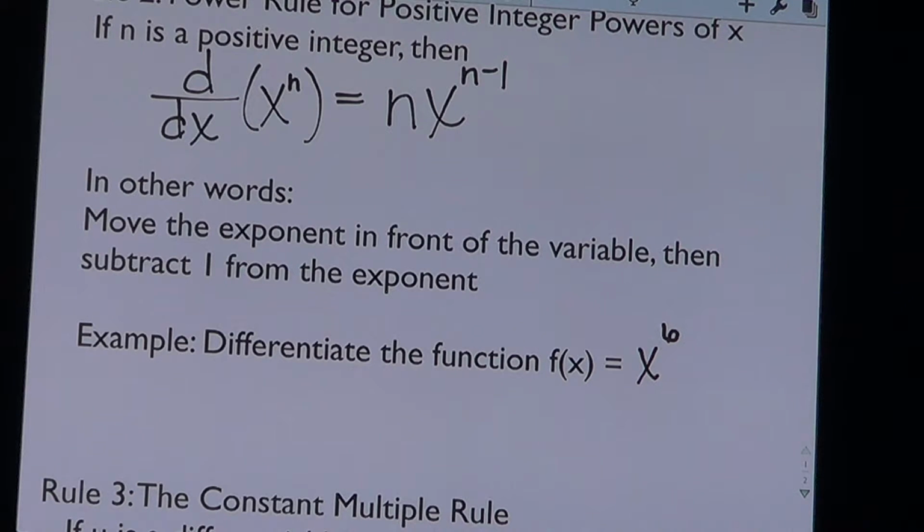When we're given f of x, I usually write the derivative as f prime of x equals, what do you think? 6 times x to the 6 minus 1, which is 5. Yep.